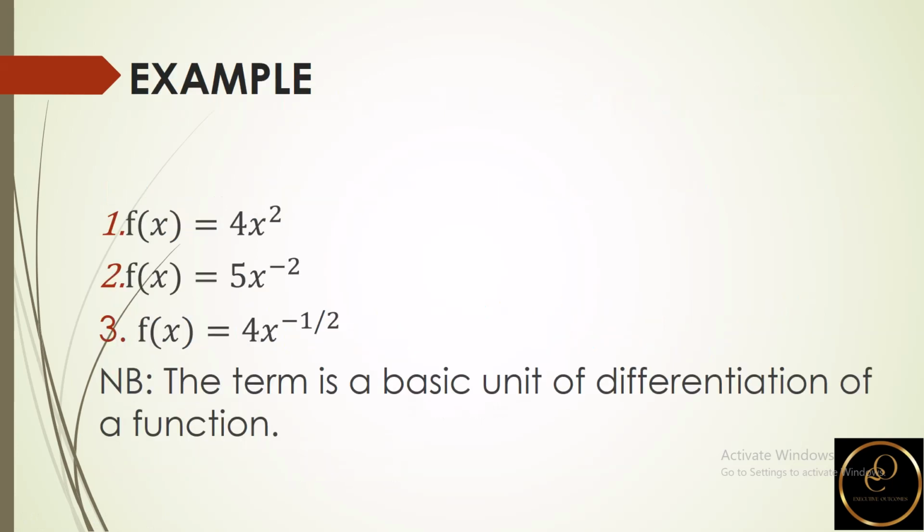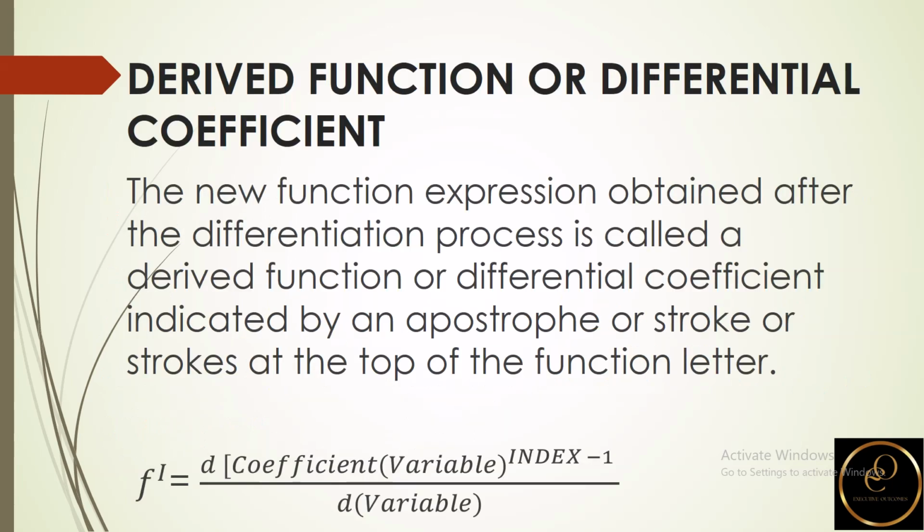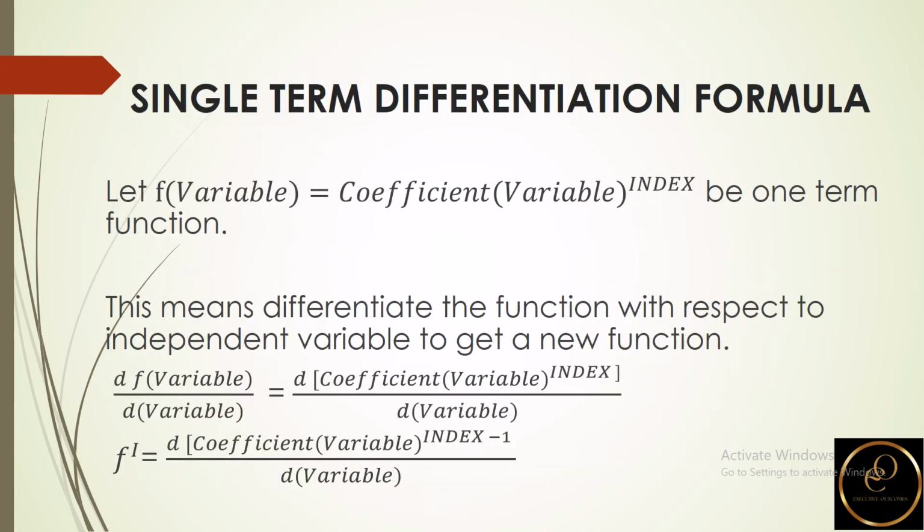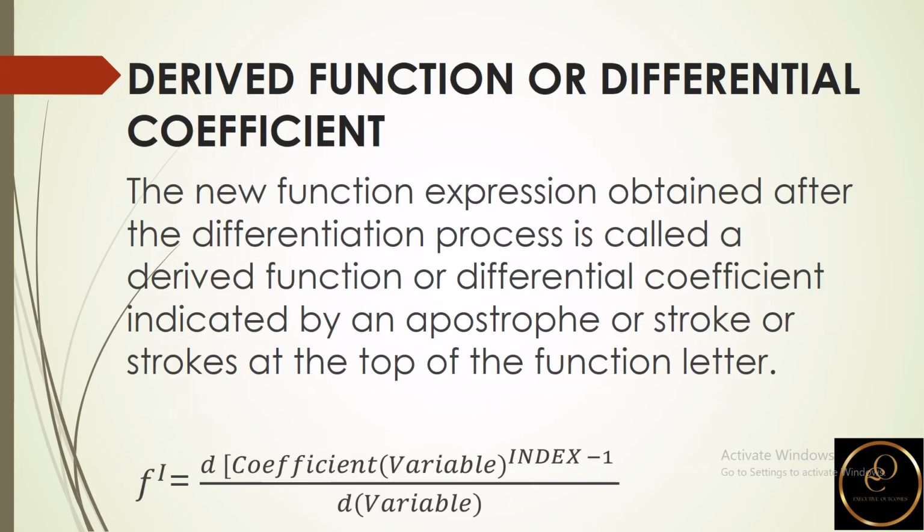So let's look at the derived function or differential coefficient. Once you have gone through this particular process, you end up having what is known as the derived function or differential coefficient. Basically, it's a new function expression obtained after the differentiation process is complete.